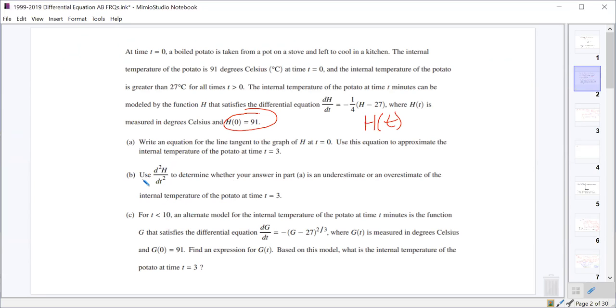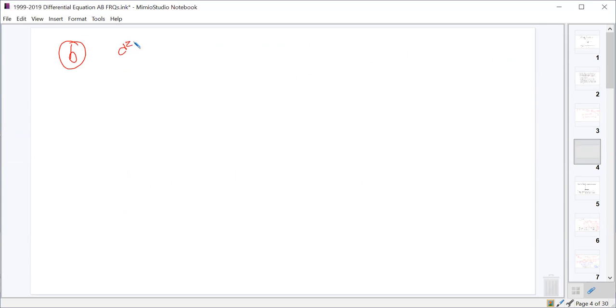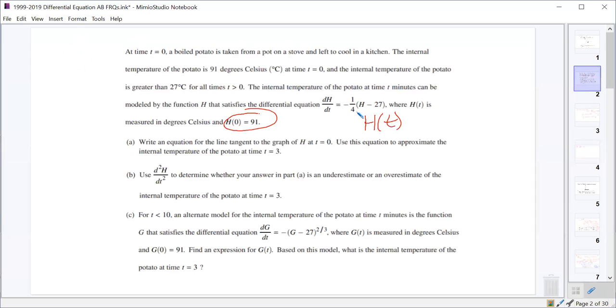They didn't give us a second derivative, so we're going to find it and determine whether our answer in part A is an underestimate or an overestimate. So our second derivative should be the derivative with respect to t of our original differential equation, which was negative 1/4 times h minus 27.